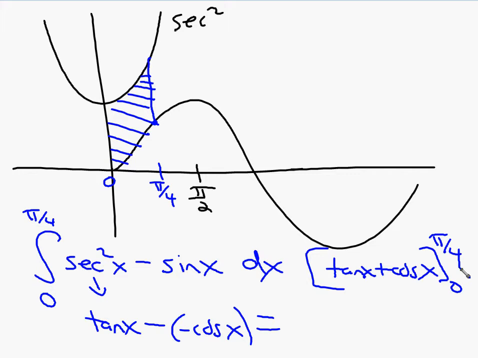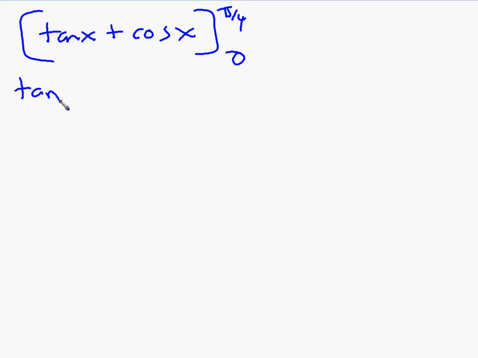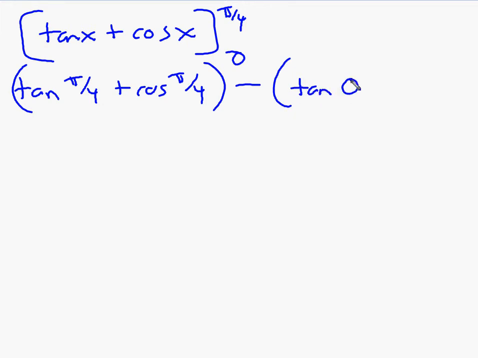All right, let's go ahead and finish that one. I'm going to do the tangent of pi fourths plus the cosine of pi fourths, and then I'm going to subtract the tangent of 0 plus the cosine of 0.